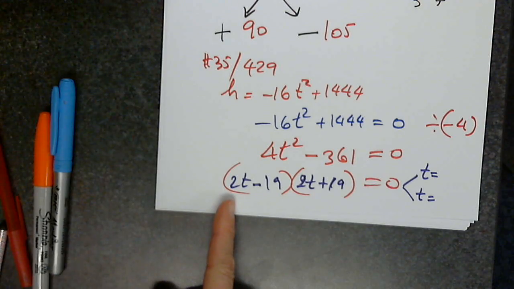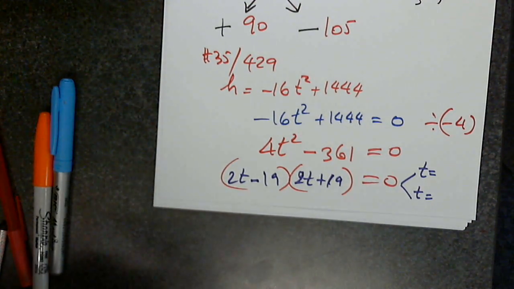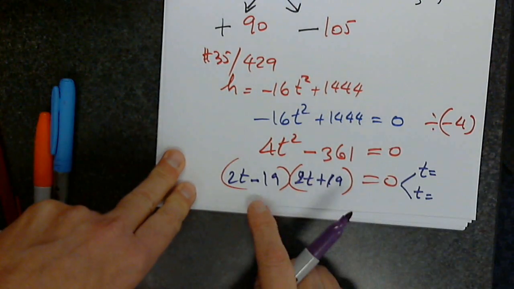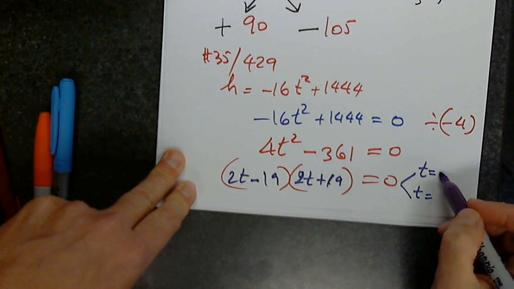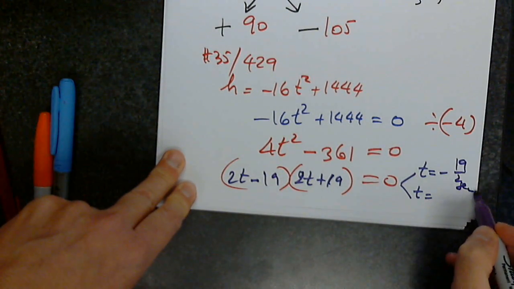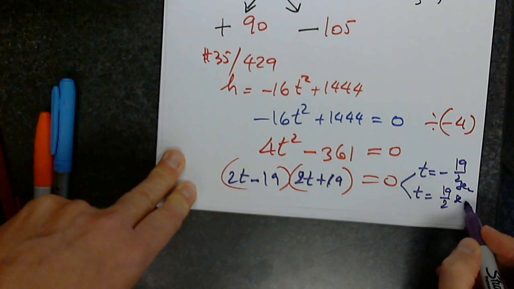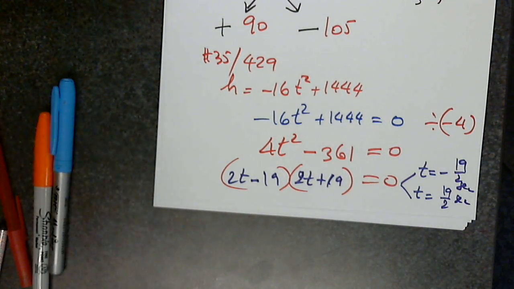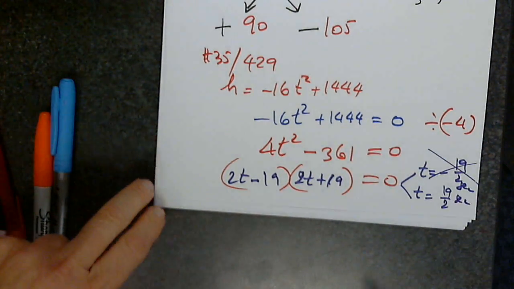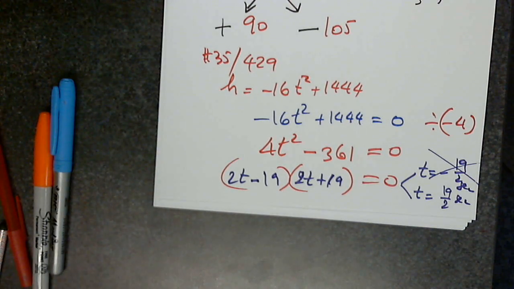No, there is a 2 in front. So it's negative 19 halves seconds and 19 halves seconds. Which one makes no sense? Right? So then the time needed for the ball to hit the ground is 9.5 seconds.